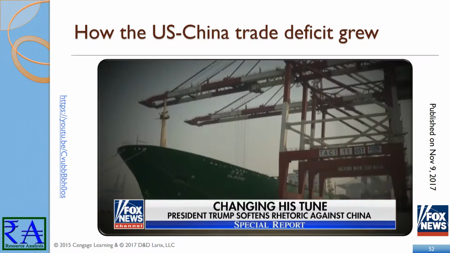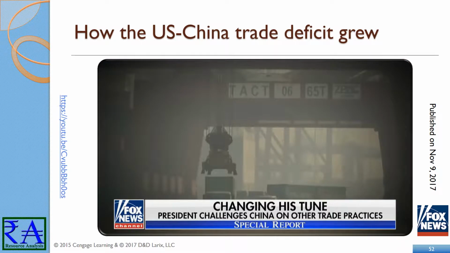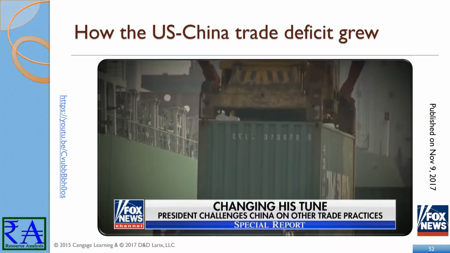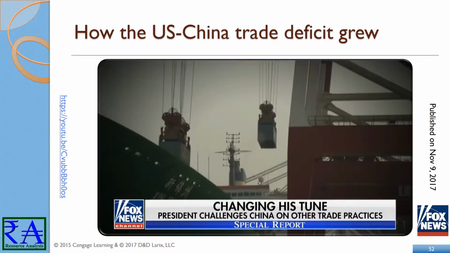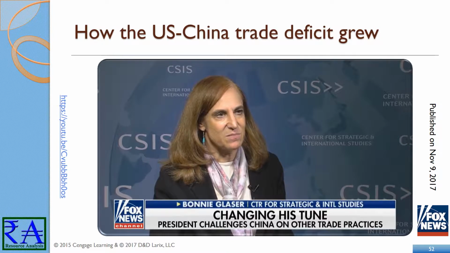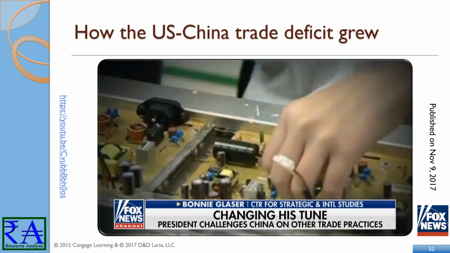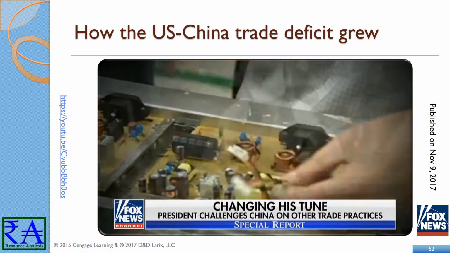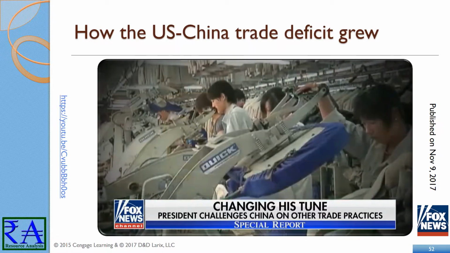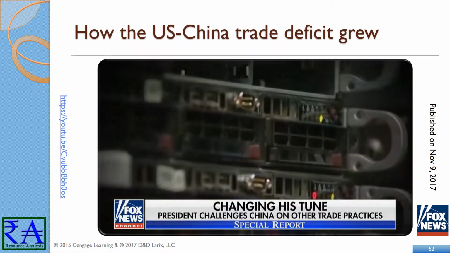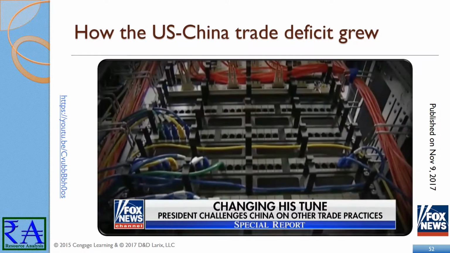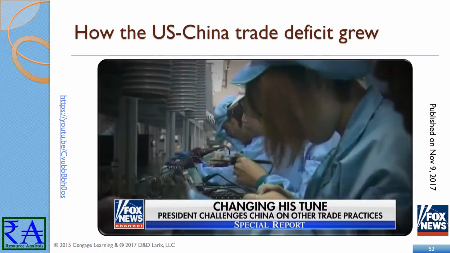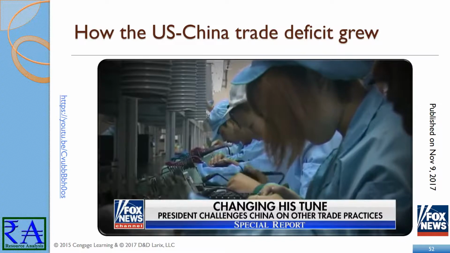But veteran China hands expressed skepticism that Beijing would do much to address the multiple factors that contribute to the imbalance. I question whether the bilateral trade deficit is the biggest problem in the relationship. I'm far more worried about these other practices like compulsory technology transfer, lack of protection for intellectual property rights, subsidies to state-owned enterprises.